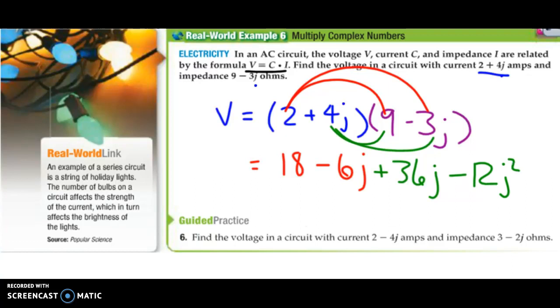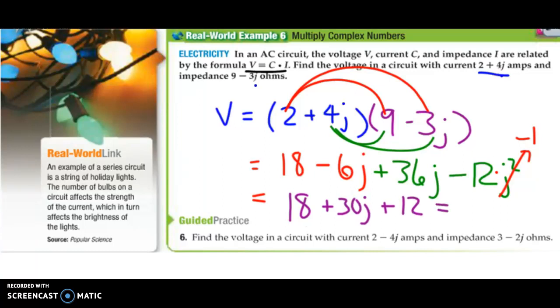And so just as a quick reminder, j squared, like i squared, turns into negative 1. So this is really negative 12 times negative 1. So I end up getting 18, minus 6j plus 36j would be plus 30j. And then negative 12 times negative 1 would be plus 12.